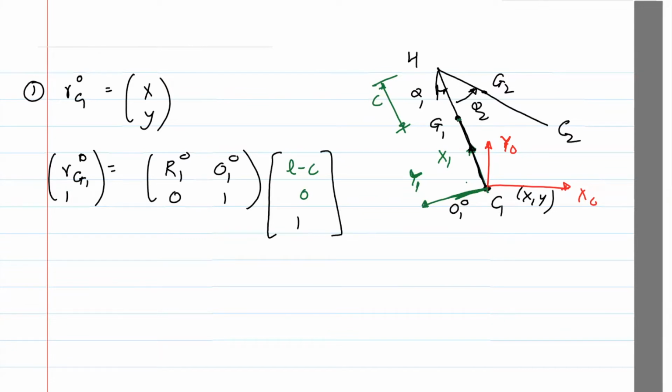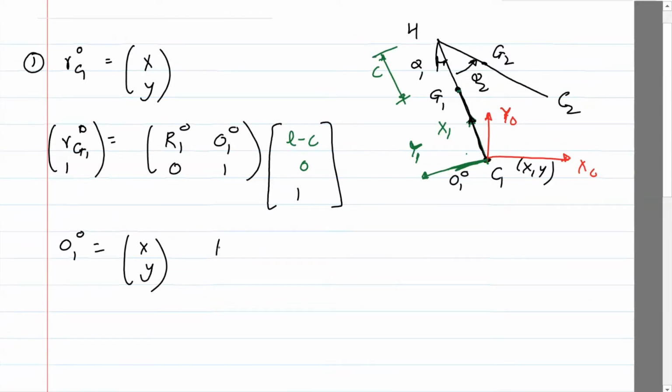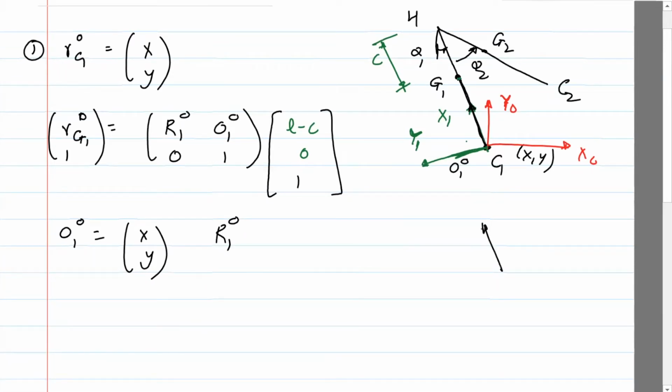Okay, so given that, let's define what O10 is. O10 is basically the position of O1 with respect to frame 0, and that's going to be x, y. R10 is basically the angle made by frame 0 with frame 1. So x1 is this way, x0 is this way. I need to find the angle between the two. You can see that if this is theta, then this has to be theta 1.